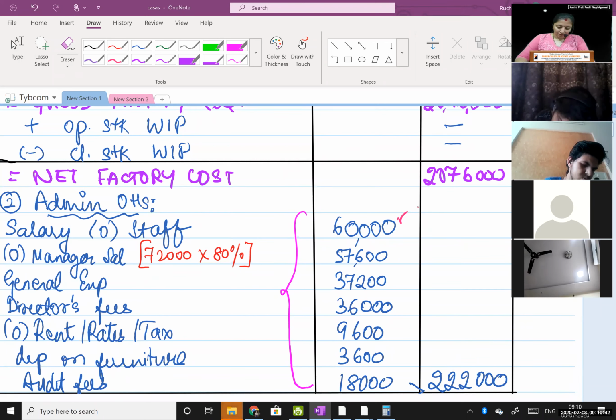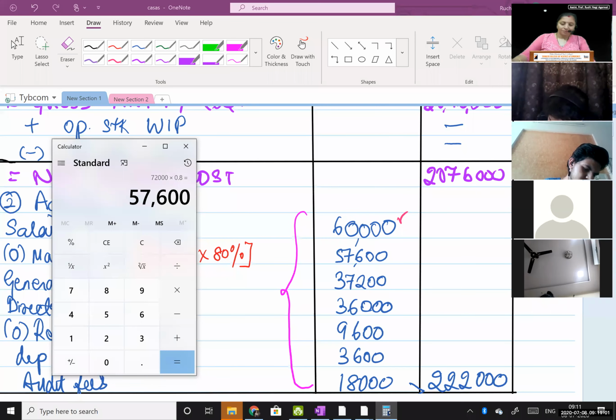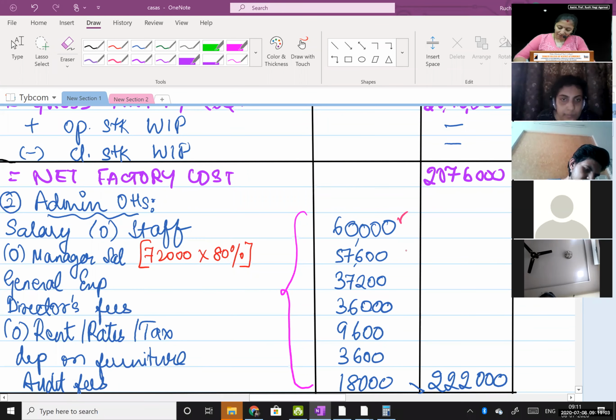Then that adjustment, office manager, which is distributed between factory and office in the ratio 20 is to 80. So 72,000, 80%, is 57,600.